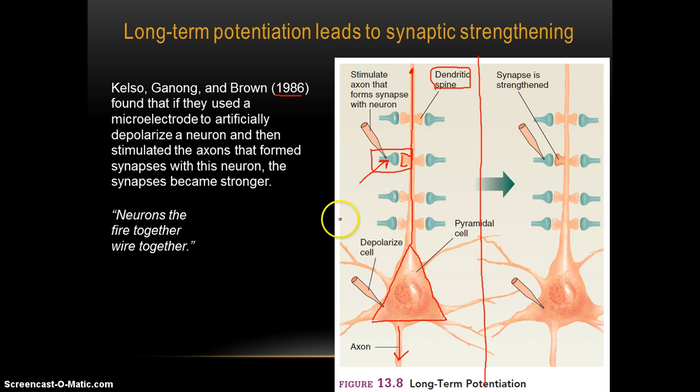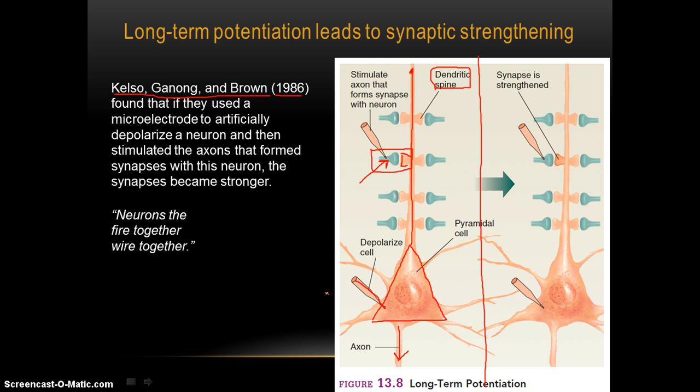And so what this picture is showing is the result of an experiment from the 1980s by Kelso and colleagues. They found that if they used a microelectrode, which is supposed to show a microelectrode that you can actually insert into a cell.